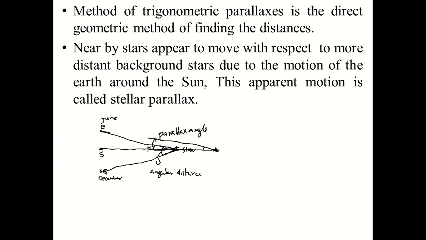If you call it p prime, and for a star at this farther point, p double prime, then you can see that p prime is greater than p double prime, which is greater than p triple prime. That is, as the distance of the star increases, the parallax angle decreases.